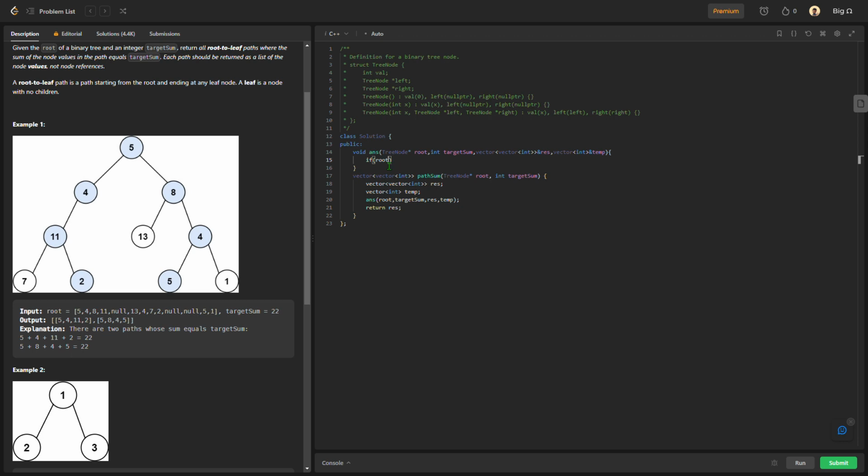Okay, so whenever you get a null, if not root, that is, if not of root is true, that means nothing is there. So please do return.